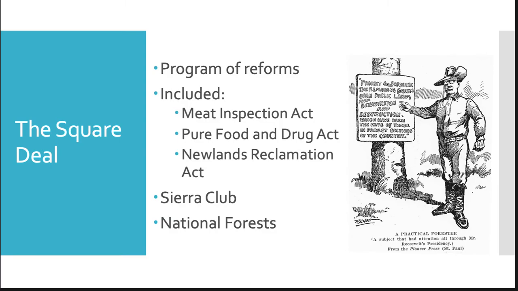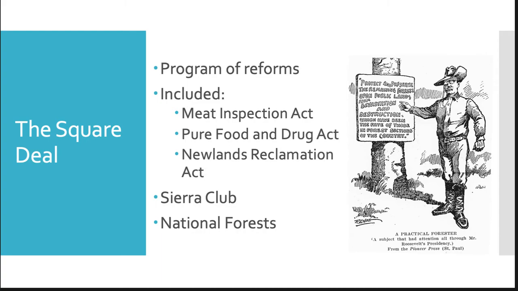Now, Roosevelt's programs of reforms to keep the wealthy and the powerful from taking advantage of the poor are going to be known as the Square Deal. If you say to someone, we are square, we are even, right? So that's where the idea of the Square Deal comes from. Within the Square Deal, we are going to see some of the reforms that we talked about in the last lecture.